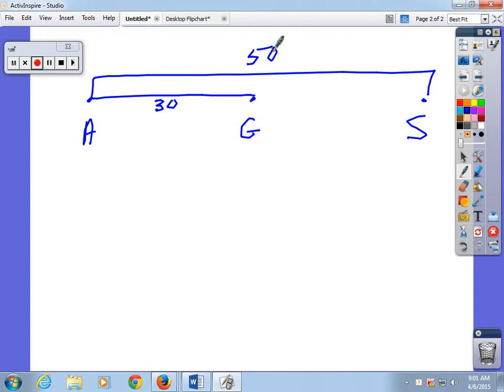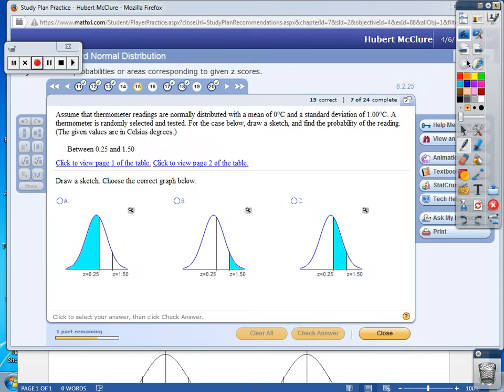So if I was to ask you what is the distance between Greenville and Spartanburg, what would you tell me? You take the larger and subtract the smaller and get 20 miles. So how do you relate that to this problem? Well, the same thing.